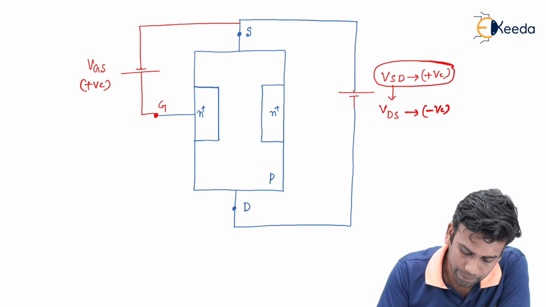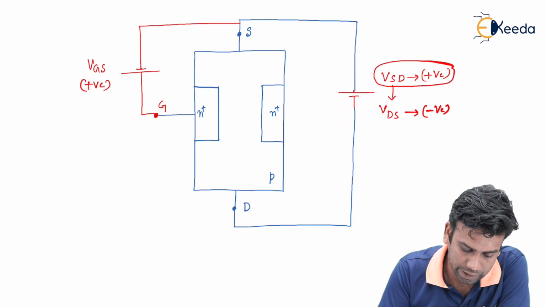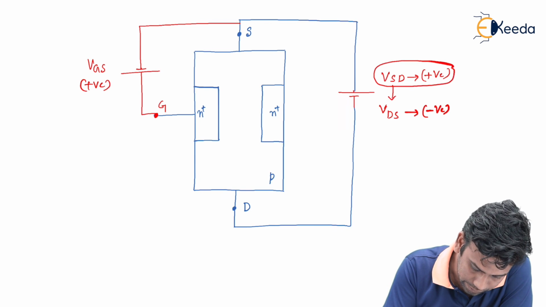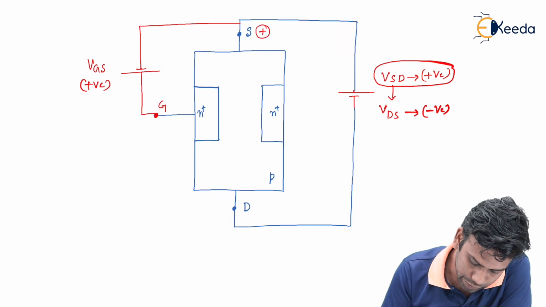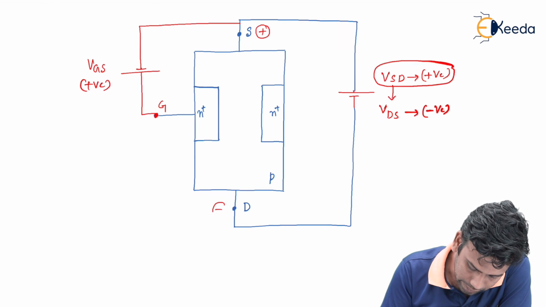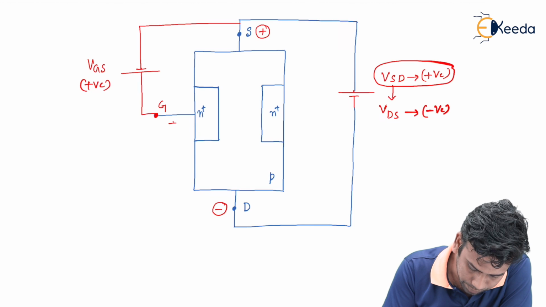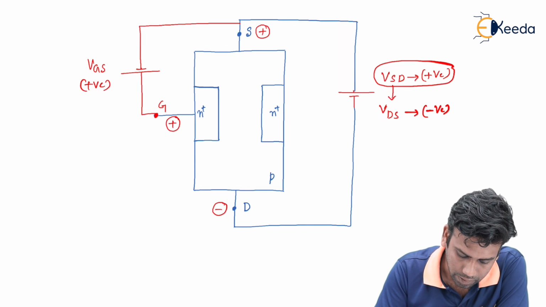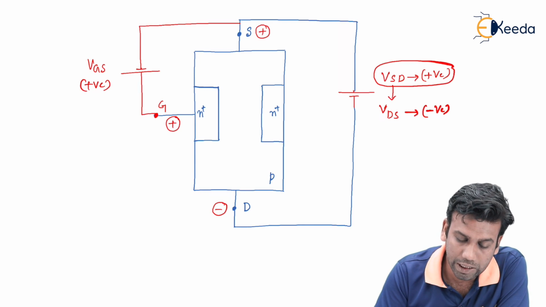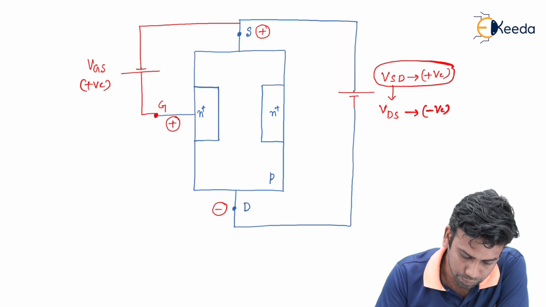Now we have applied a negative potential to the drain and positive potential to the source, so we can say that this will be the positive potential and this will be the negative potential, and the gate we have given a positive potential. So since it is a P channel JFET, the holes will move.